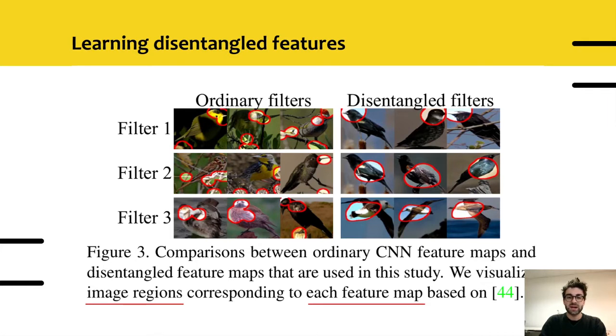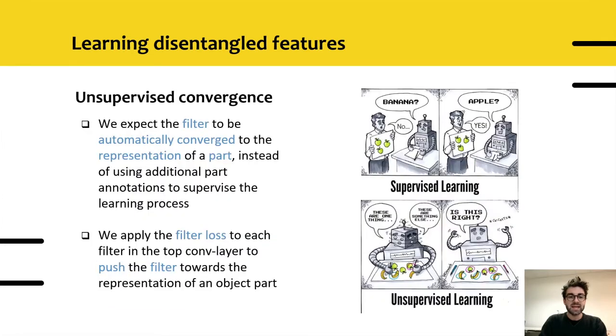As we can observe, filter 1 is activated just by the head, by this single object part in the input image, and so are filter 2 and filter 3. This is done in an unsupervised way. We expect the filter to automatically converge to the representation of a part. This is done thanks to a special loss for the top conv layer.